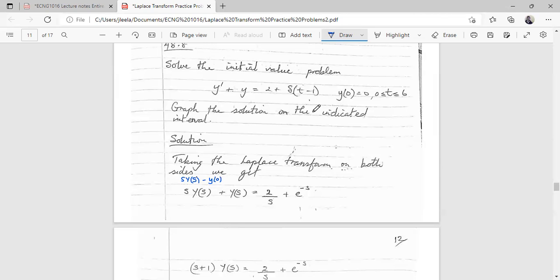Right? But the y(0) here is 0, so that part drops out.